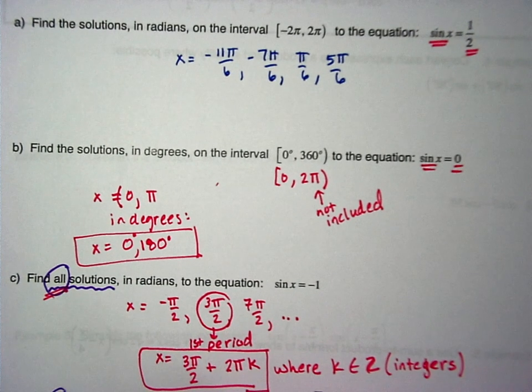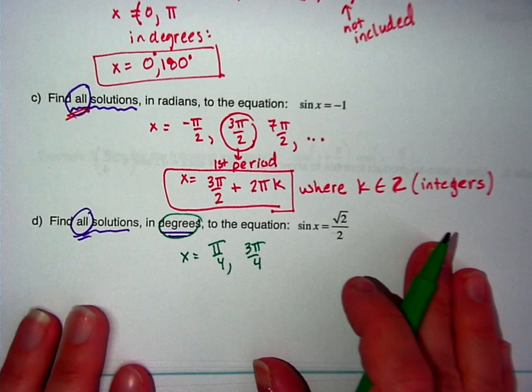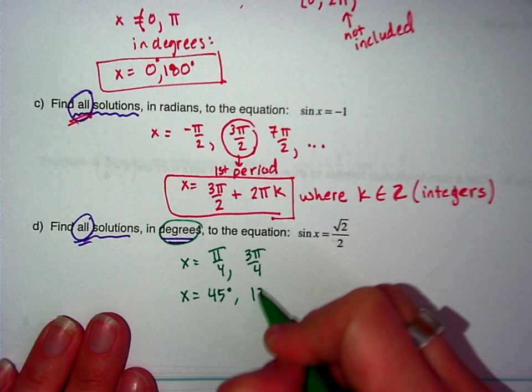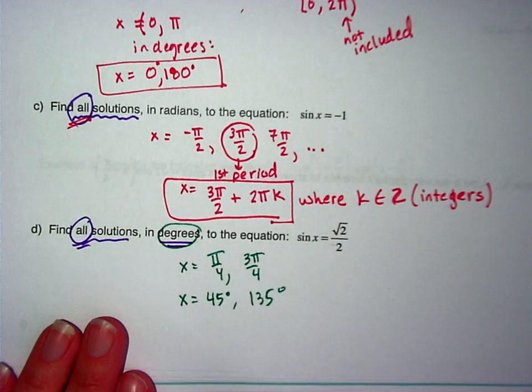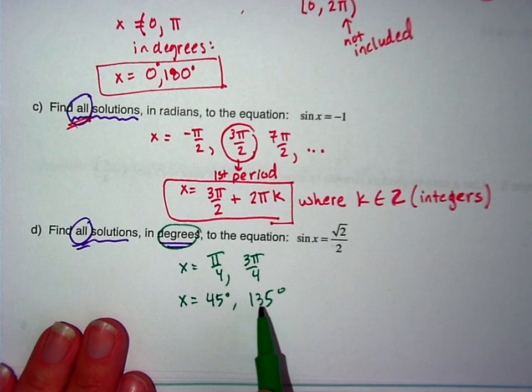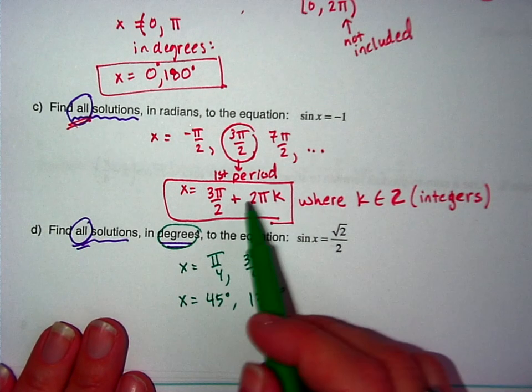But again, this wanted it in degrees. Whoops, sorry, you can't see that. There we go. Pi over 4 and 3 pi over 4. In degrees, though, this one would be 45 degrees and 135 degrees. And then it would repeat itself and repeat itself. For each of these 2 answers, though, I have to rewrite them for all solutions, so I have to give them the plus 2 pi k.